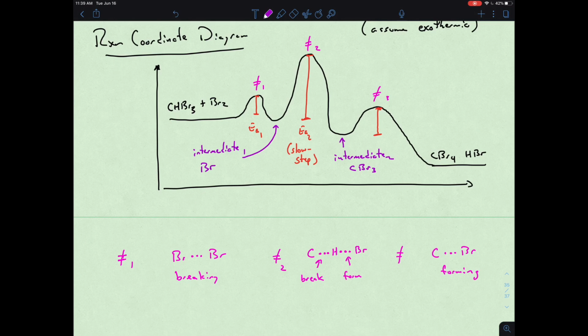Again, remember that idea of 3 steps, so 3 humps in the diagram. Again, the tallest hump is the activation energy of the slow step.